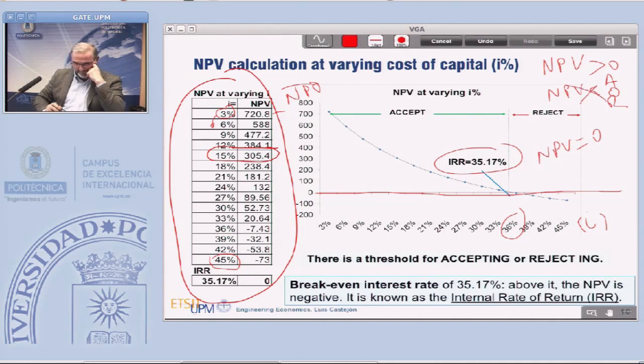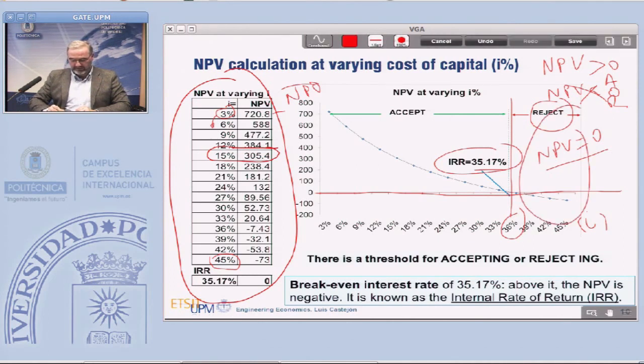So as you see here, for an expected interest rate generated by this project higher than 35%, this project will be rejected. So there is an area of acceptance of projects, with interest rate lower than 35, and another area of rejectable projects. This area of higher interest rate than 35, we will reject.